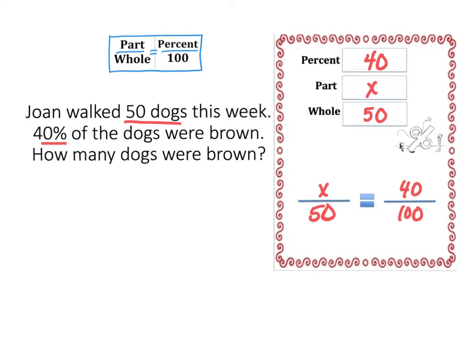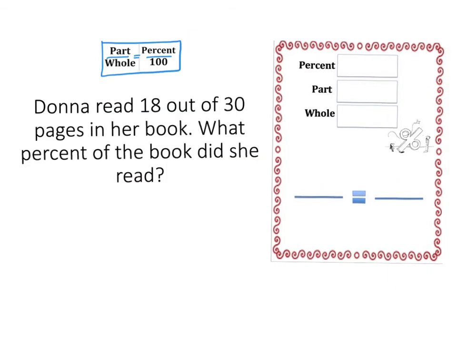I'm going to cross multiply and I have 100x equals 40 times 50, which is 2,000. Then I'm going to solve for x by dividing by 100, and that leaves me with x equals 20. So that tells me the answer to my question. Remember, x was our part, and that was how many dogs were brown. So I know that 20 out of the 50 dogs that Joan walked were brown in color.